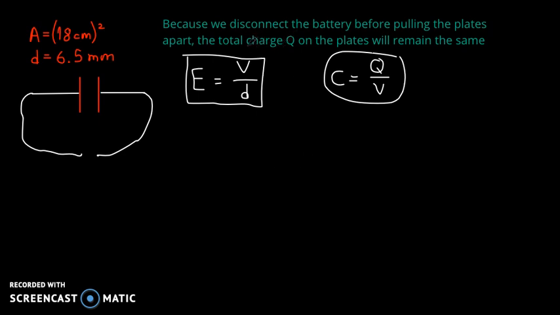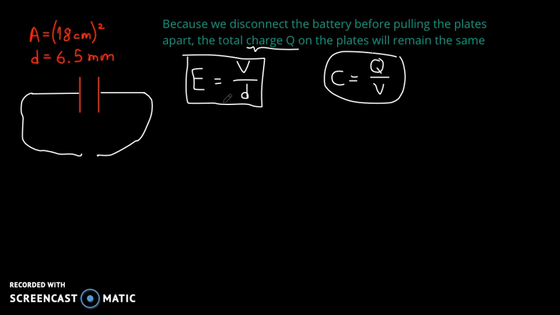Now, we said that the total charge Q is not changing, right? So this is not changing, but that's what determines the surface charge density sigma on each plate. And remember, in a parallel plate capacitor, the electric field depends on sigma. So it's basically equal to sigma divided by epsilon 0, and it's uniform everywhere in between the plates.